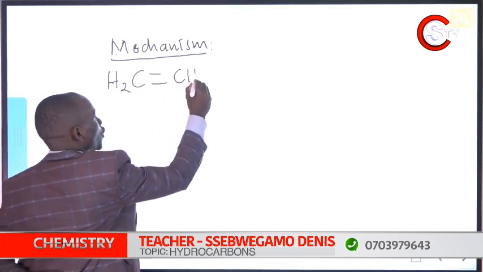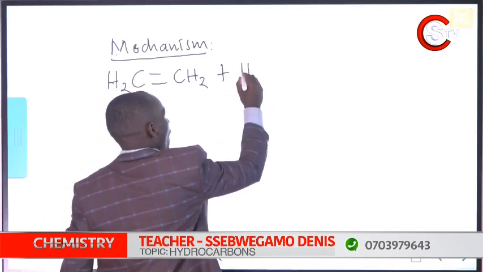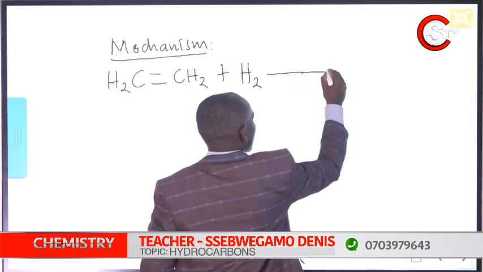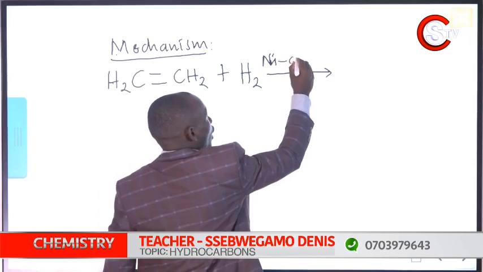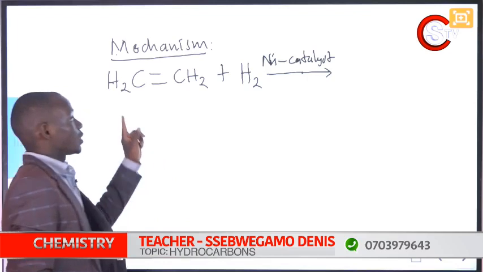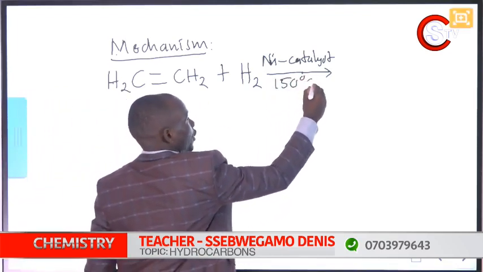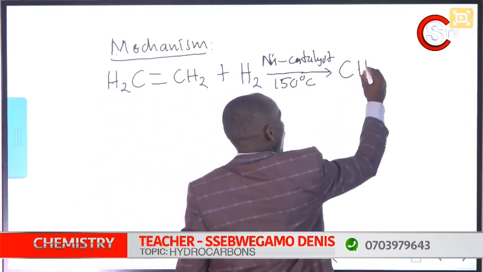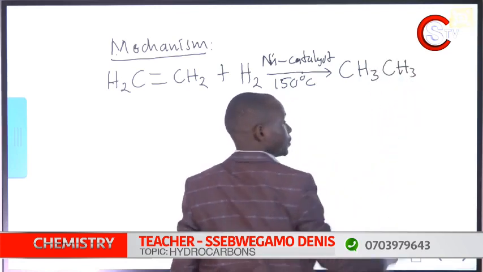So plus hydrogen, nickel catalyst at 150 degrees Celsius, I end up forming my ethane.